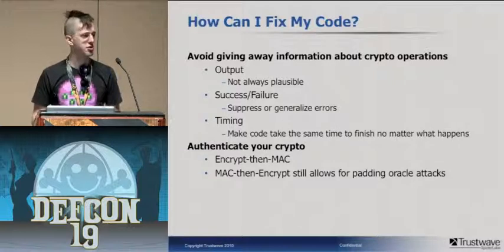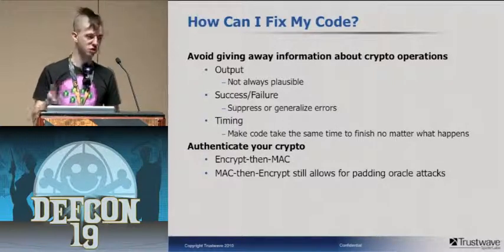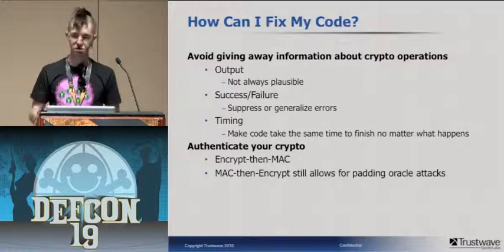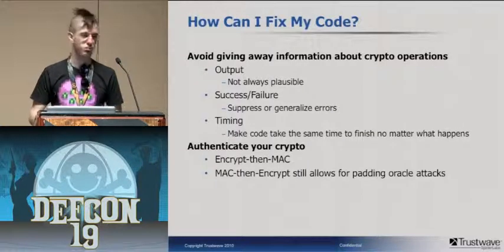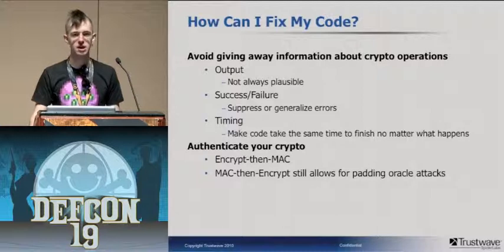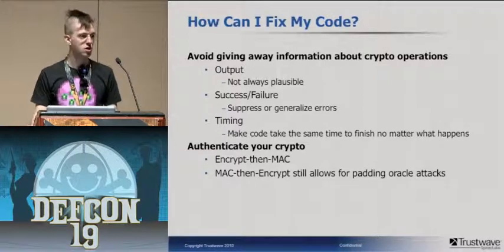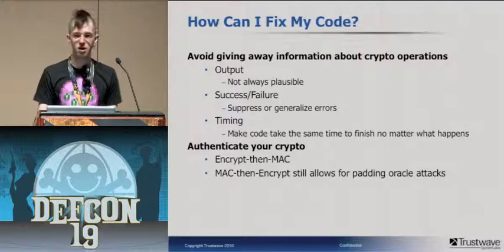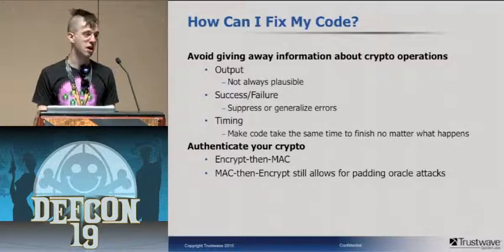Also, authenticating your crypto is a good idea. Encryption is good, but if people can fiddle around with the message and end up with a valid ciphertext, it will still be subject to whatever operation it was going through before. And in some cases, it doesn't matter what the plain text actually is. So, for instance, if you have an encrypted value which represents the amount of money you have in your bank account, your chances are pretty good of getting something better than 0.